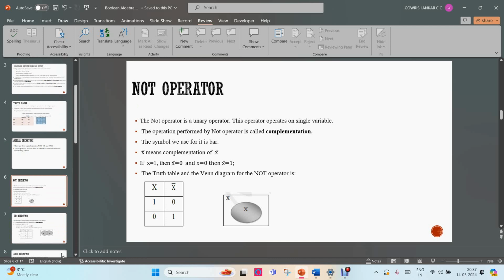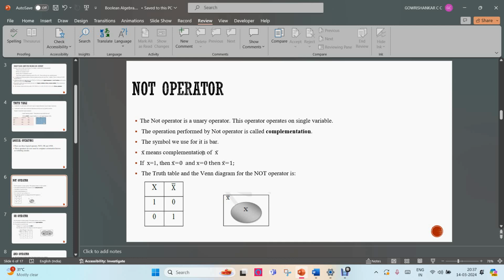The NOT operator is a unary operator. It is only one operator, and it has a single variable. The operation performed by a NOT operator is called complementation. The symbol we use for it is a bar.